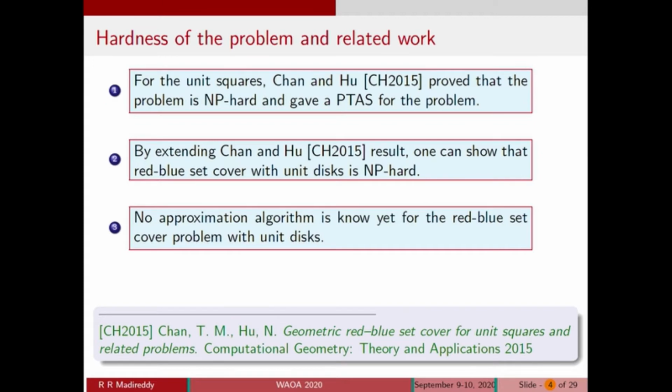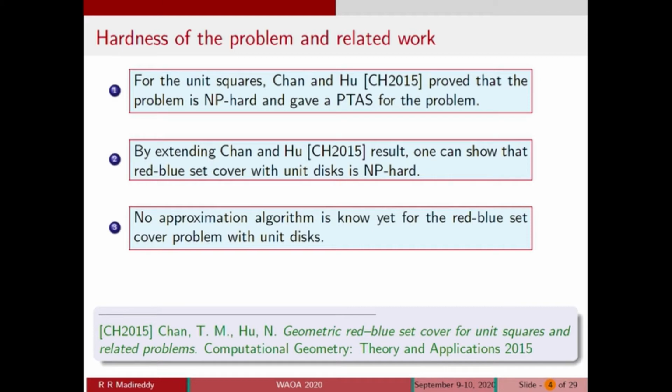First, Chan et al. proposed the geometric variation of the red blue set cover problem, with axis-parallel unit squares, and they proved that the problem is NP-hard, and they provided polynomial time approximation schemes for the problem.